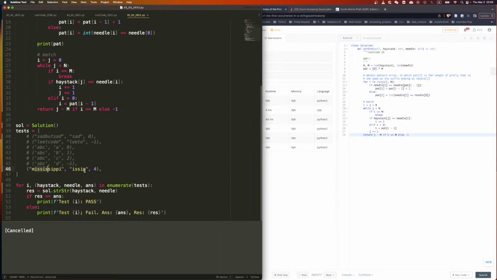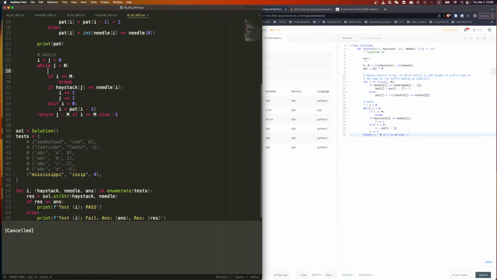Now pattern I minus 1 is 1, so I becomes 1. J doesn't change, so now j is here, so we match, match, and then boom. What happened? Okay, let's see what happened. Stuck with 0.